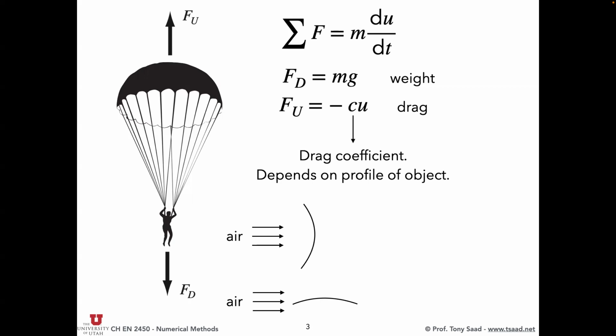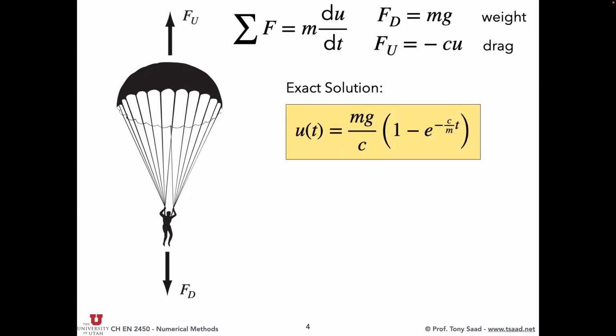All right. So with this object, you have a larger drag coefficient. It's kind of obvious. And for this profile, you have a smaller drag coefficient. But all of this can be formulated as F, the drag force, being a function of the velocity. Now, when you plug that in, you have Fd plus F sub u equal mass times du by dt.